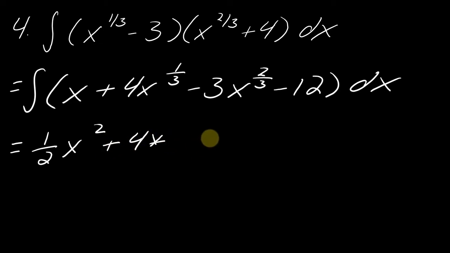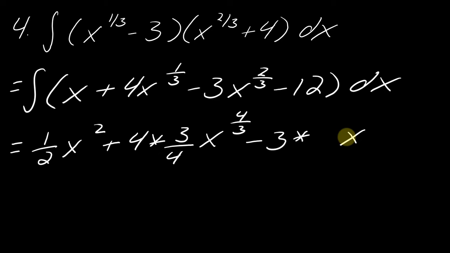Okay, if you watch my videos, you know that I usually like to figure out the exponent first. So I add 1 to this 1/3, so this will become x to the 4/3, and then I multiply by the reciprocal of the exponent. And then this next part will be 3 times, so again, I'll figure out the exponent first.